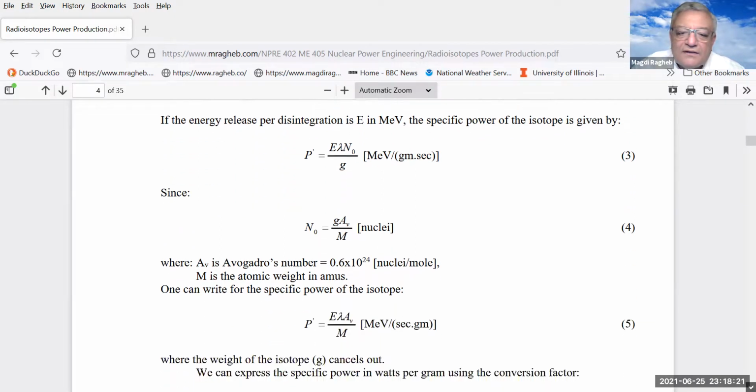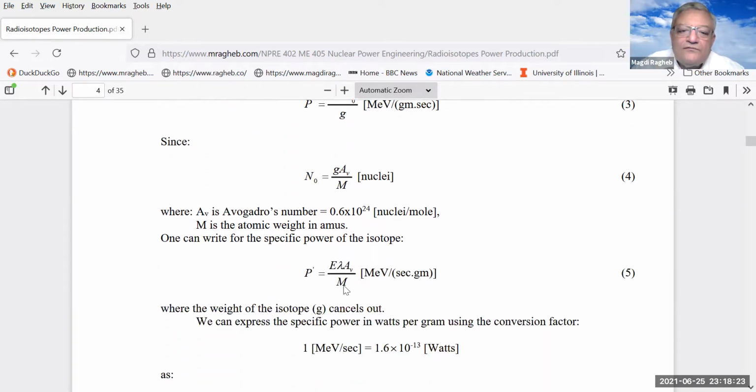So let us plug in that number here, and we find that the specific power, million electron volt per second per gram, is E, the energy of the radiation emitted by the isotope, multiplied into lambda, the decay constant, multiplied into Avogadro's number divided into the molecular weight of the isotope.